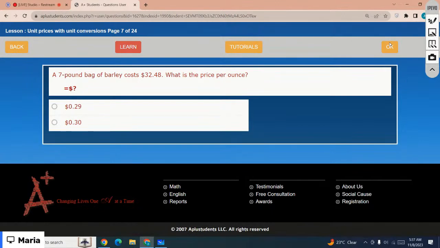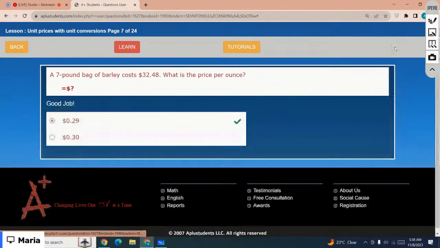So you have to do 7 times 16. That is 112. So you have to divide 32.48 by 112. So the price per ounce is $0.29. Got it?